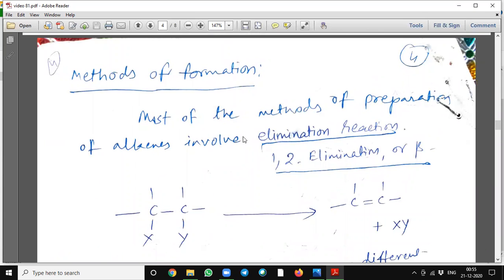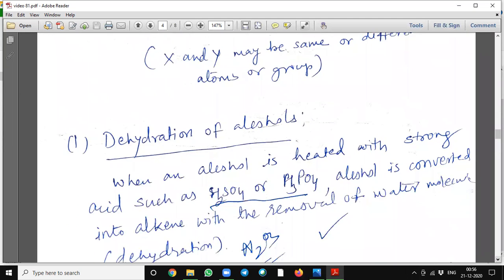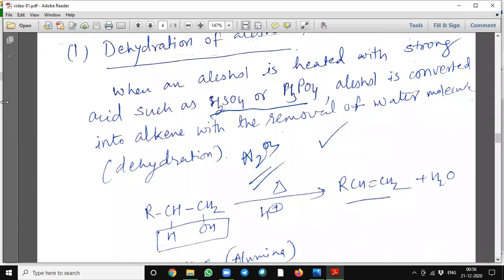Methods of formation. Most of the methods of preparation of alkenes involve elimination reaction, 1,2 elimination or beta elimination reaction. So in general, XY is eliminated and gives the alkene molecule. X and Y may be same or different atoms or groups. Dehydration of alcohol.